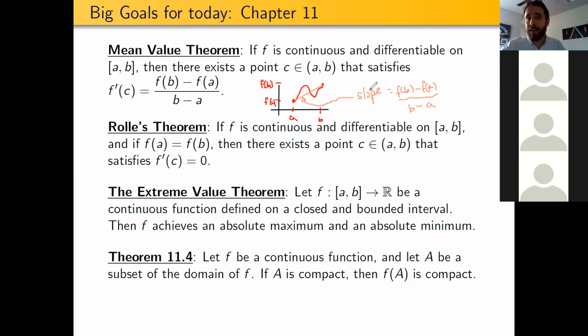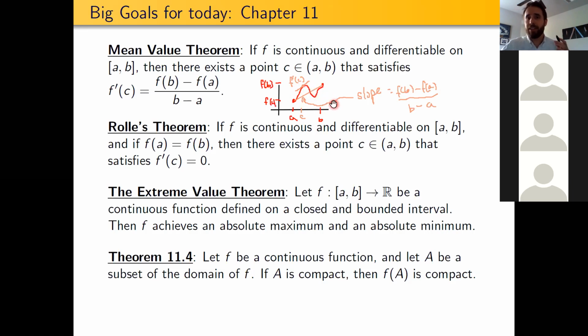What the mean value theorem is telling us is that there is some point in the middle, call it c, for which f prime of c, the slope of the tangent line, should be equal to that quantity, f of b minus f of a over b minus a. So there's our point c, and f prime of c represents the slope of the second line. Basically these two lines should be parallel to each other.